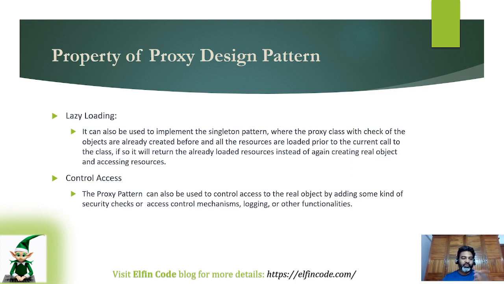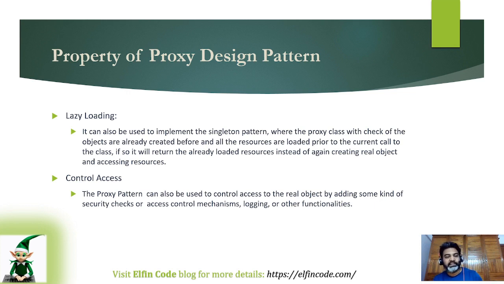Now the fourth property is lazy loading. This is similar to resource loading into some kind of cache, wherein if a request went to the object to load resources like database data, and it has already loaded the data to the caching layer, then for the second request it should check whether the resources are already available in the cache or not.